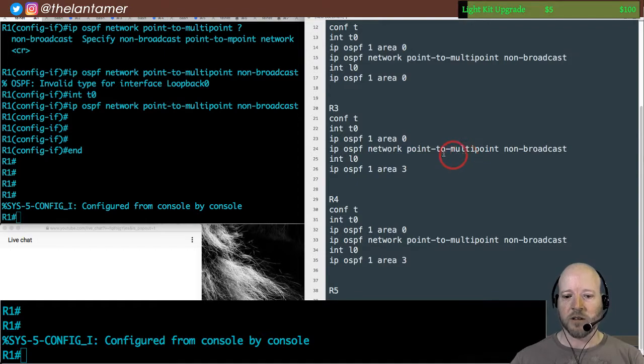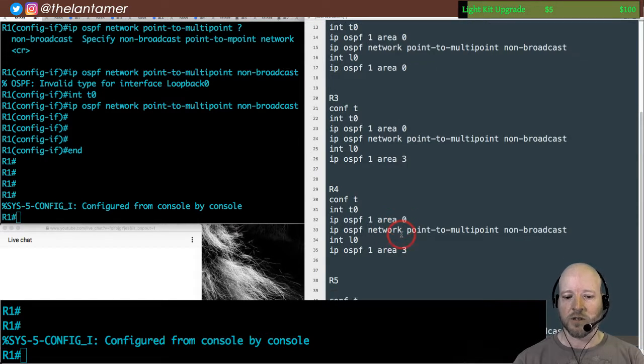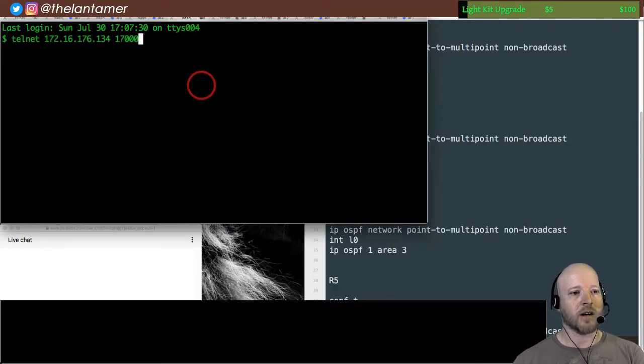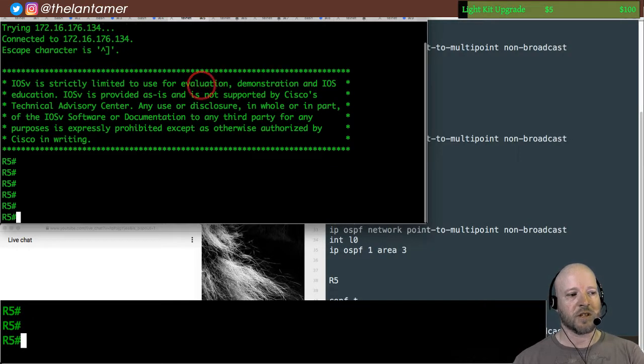Also process ID 1, right? Use a single network command. We want the tunnel interface to participate. We're just defining not what routes we're going to use, but which interfaces should participate in the OSPF process. And that's our tunnel 0 address.